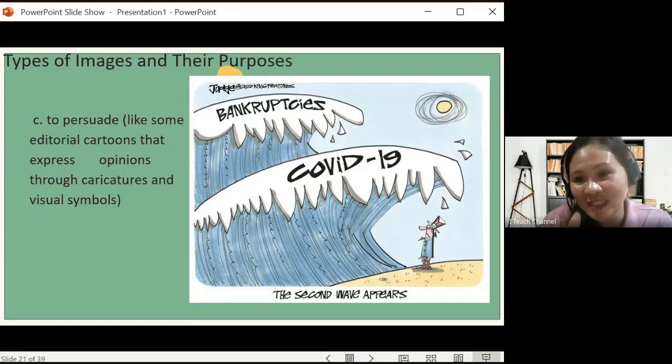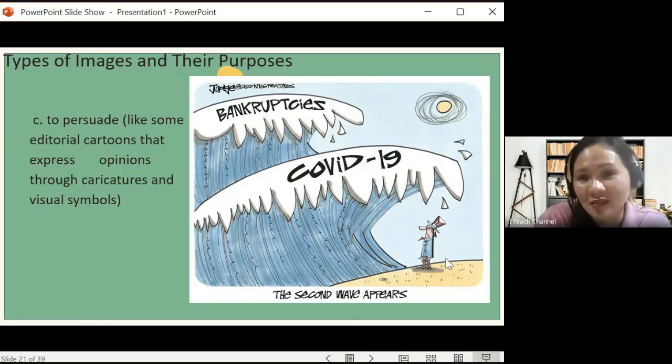You can usually see this in editorial cartooning. It is a part of the newspaper, the editorial page. Editorial cartoons use some non-fact images in order to persuade us to believe in something.